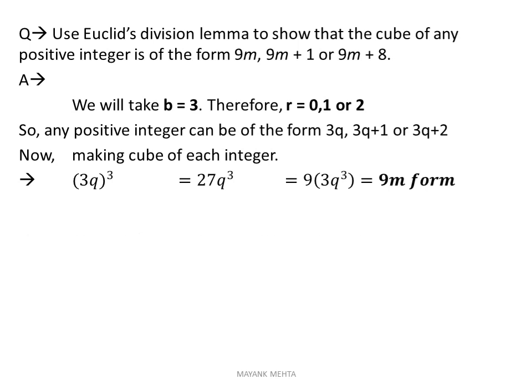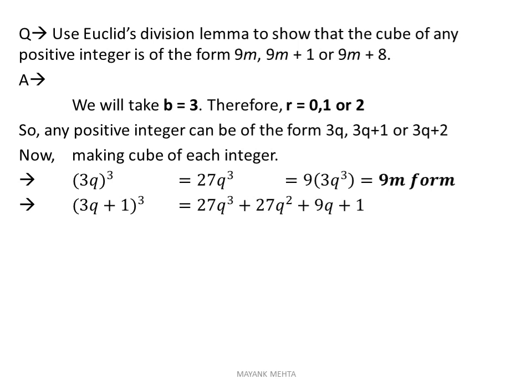Now another integer, 3q plus 1 whole cube. Here we will use the identity of 9th standard, a plus b whole cube is a cube plus 3a square b plus 3ab square plus b cube. So you will use this identity, and you will get this kind of expansion: 27q cube plus 27q square plus 9q plus 1.